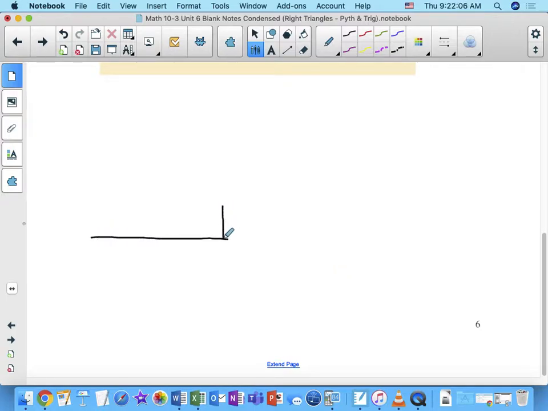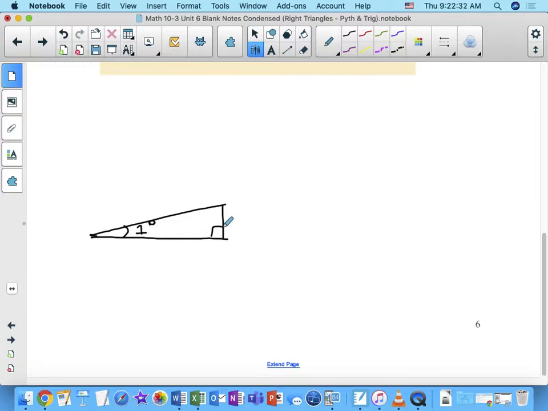where, let's say this base angle over here is 1 degree. Okay? And when we have this angle over here of 1 degree, this is 90 degrees. Okay? We can label the sides of this triangle relative to this angle at the bottom.